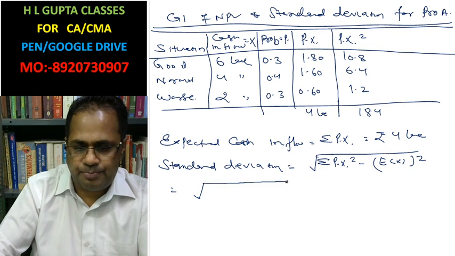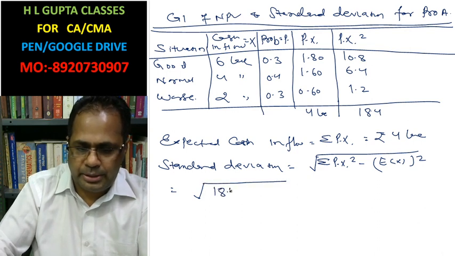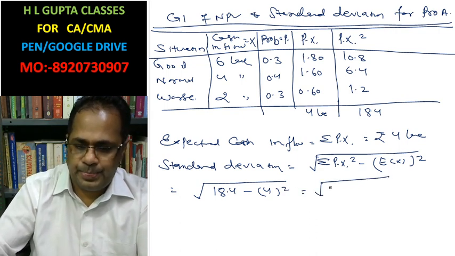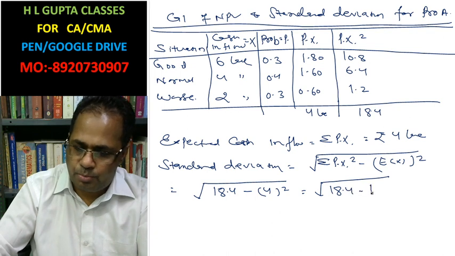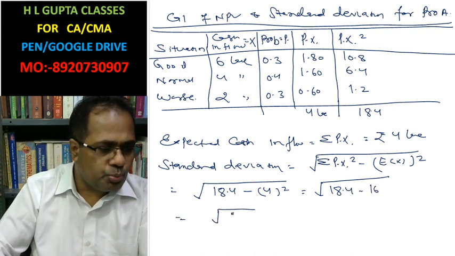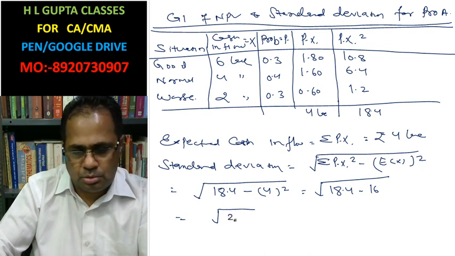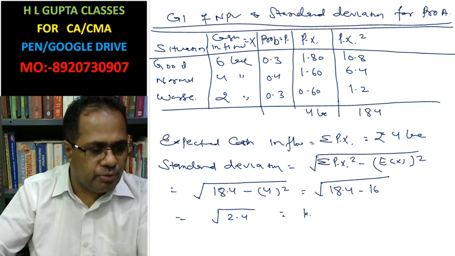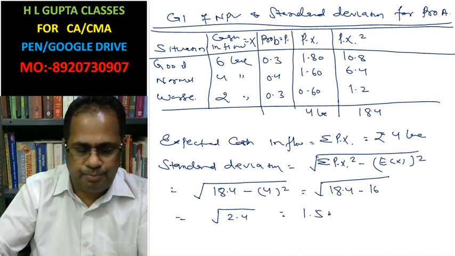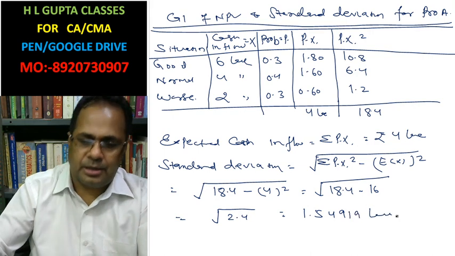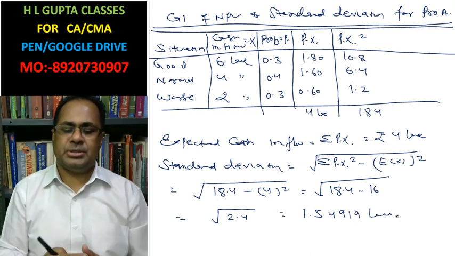This is 18.4 minus 4 squared, that is 18.4 minus 16, which is 2.4. The square root is 1.54919 lakh. This is the standard deviation.